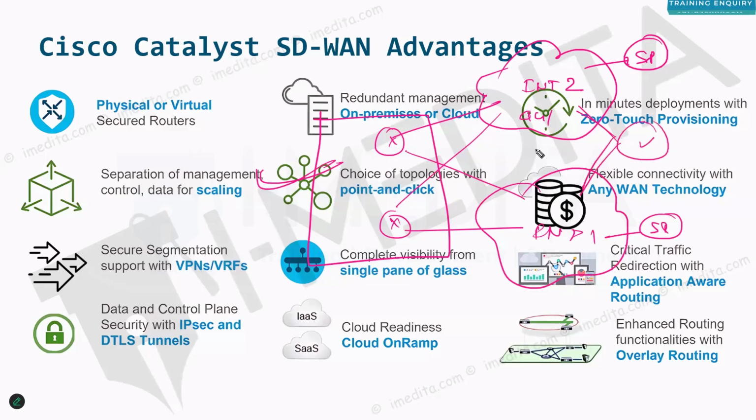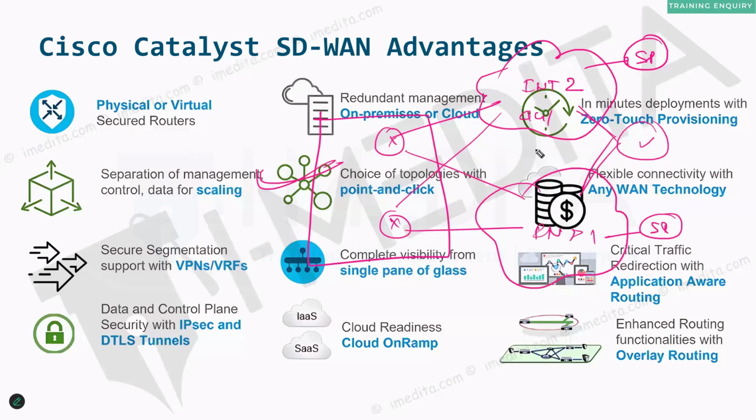It will not be gone until every device in the service provider network decides to use some other technology, some other path to forward the traffic. That's not going to happen in time. From the customer point of view, customers now have a choice to either go for a costly MPLS solution or maybe go for a less costly 4G LTE or these kinds of transports.